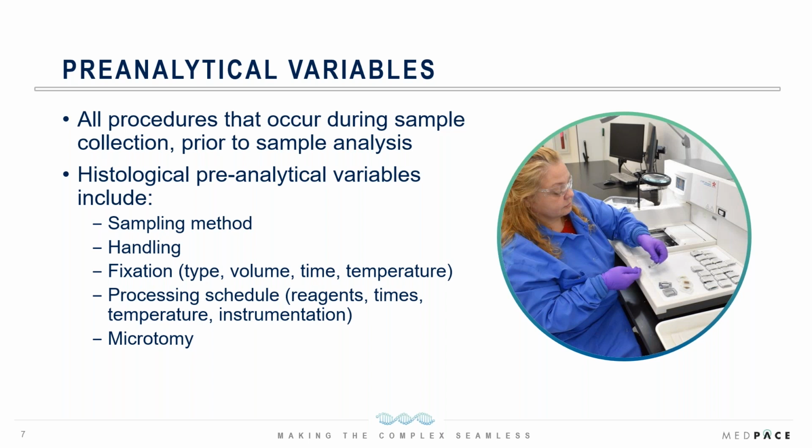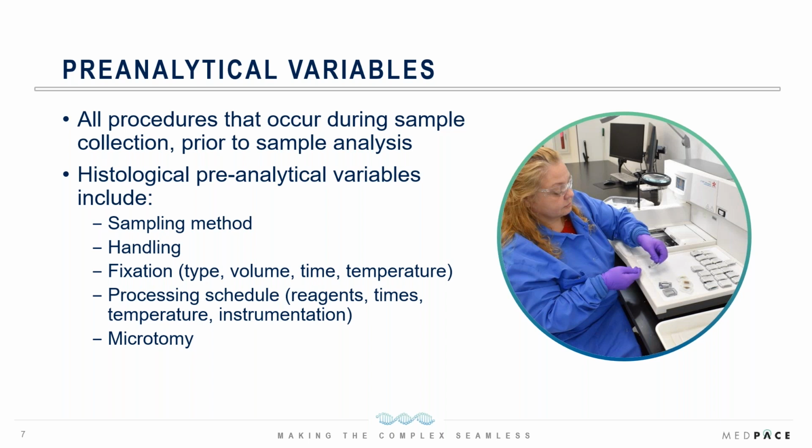Those 3 phases are the pre-analytical variables, which include all procedures that occur during sample collection leading up to the actual sample analysis. The analytic phase, the central phase, is the actual measurement of that target, whatever that target may be. And finally, there is the post-analytical phase, which is the collection of the results, formulating the pathology report, and sending the pathology report out to the physician.